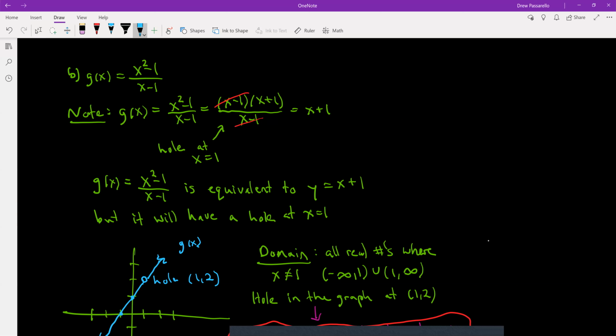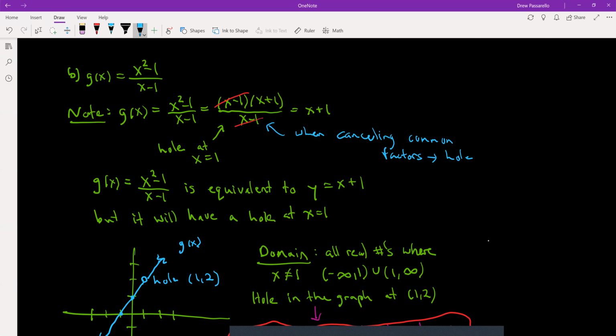Whenever you cancel out common factors like x minus 1, it indicates that there's going to be a hole in the graph. After dividing out the common factors, you end up with x plus 1.